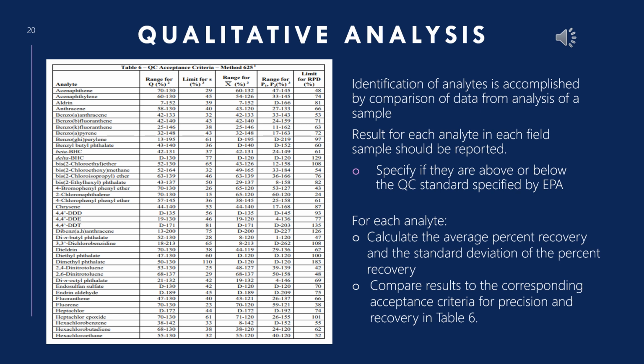And for each analyte, you should calculate the recovery and the standard deviation from that percent recovery or the identification of the analyte. Finally, you should compare the results to the corresponding acceptance criteria, which is provided by the EPA, as you see here in Table 6. So each potential analyte does have a corresponding acceptance criteria. You should specify if the analyte found within your sample passes or surpasses the level specified by the EPA.